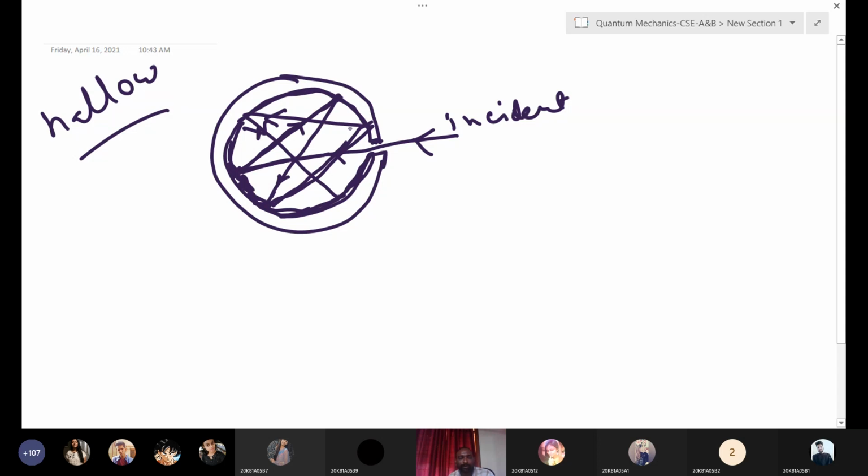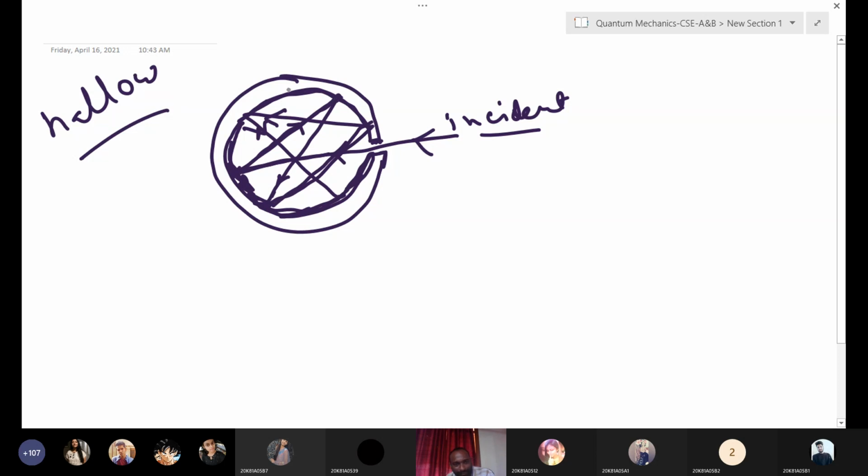So how are we making a black body? We take a hollow sphere, and inside we coat some metal or carbon black. We send some incident light. Whatever light is incident on the surface of this cavity, some portion will be absorbed and some will reflect back.